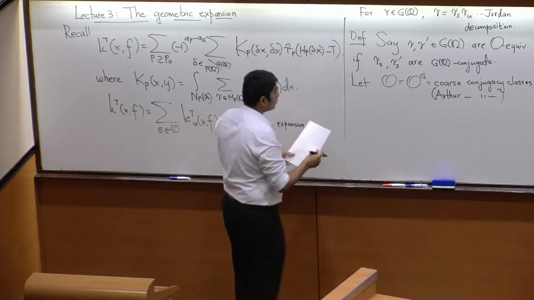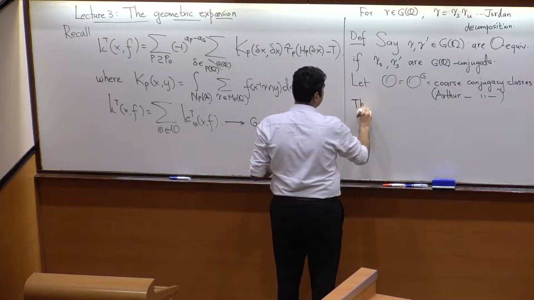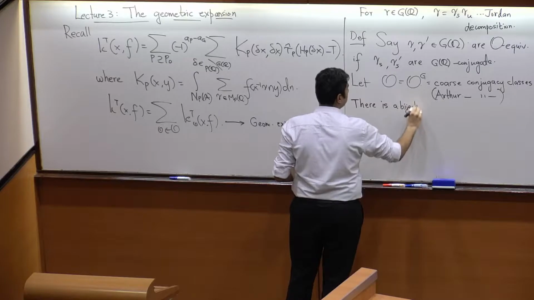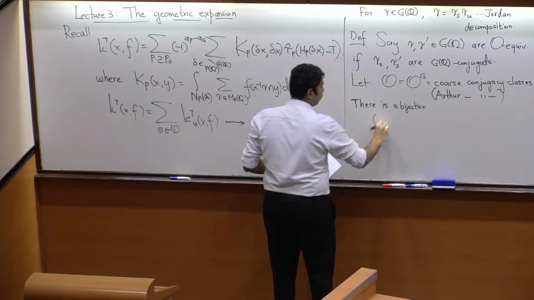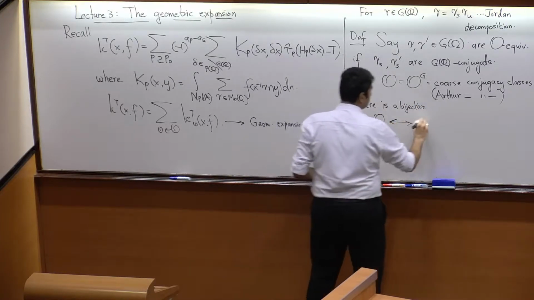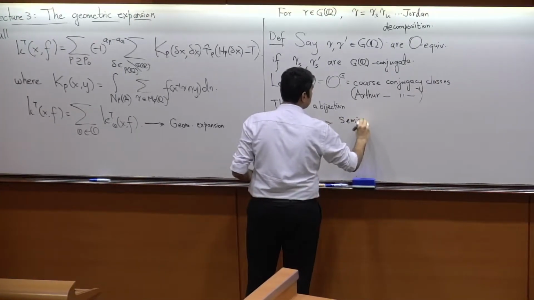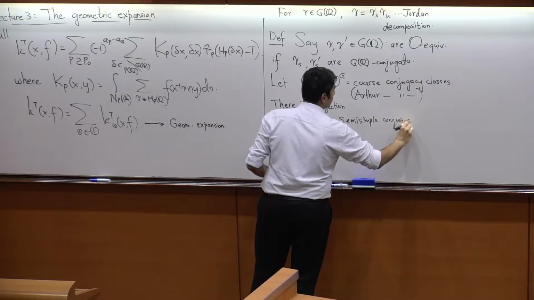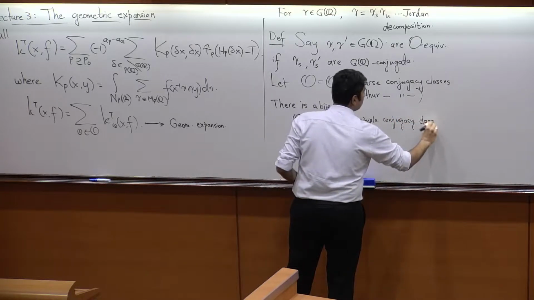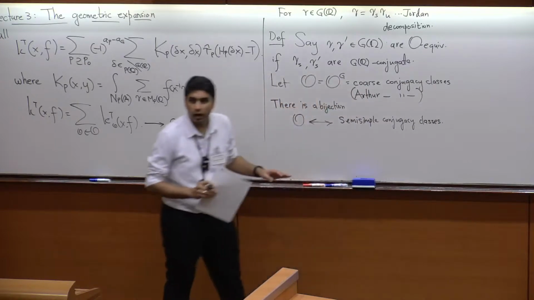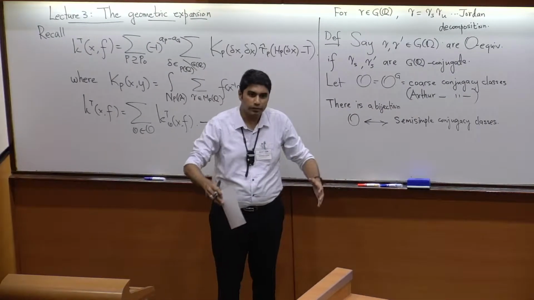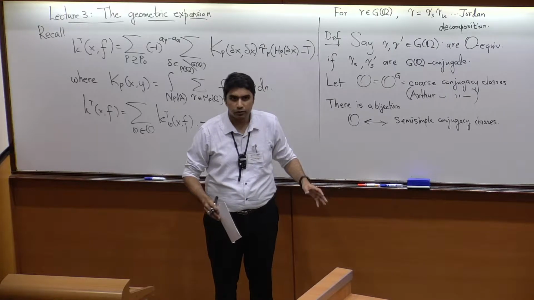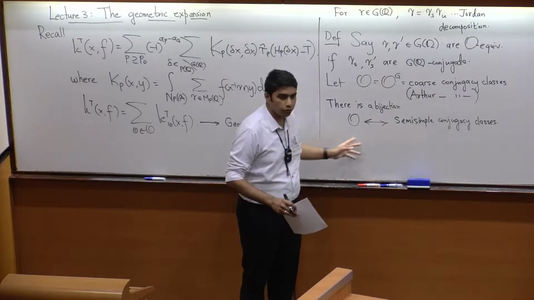Okay, so there's a bijection between O and semisimple conjugacy classes, where by semisimple conjugacy classes I mean take all semisimple elements in G(Q), and the relation is just usual conjugacy on them.